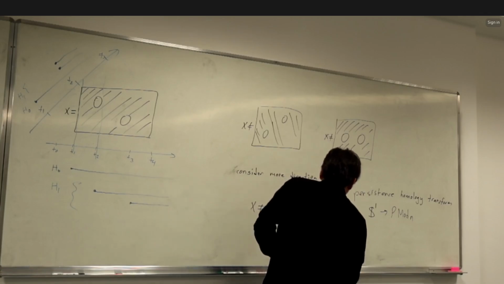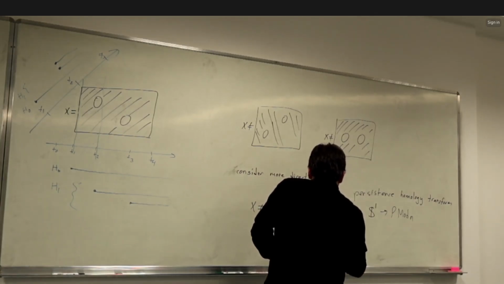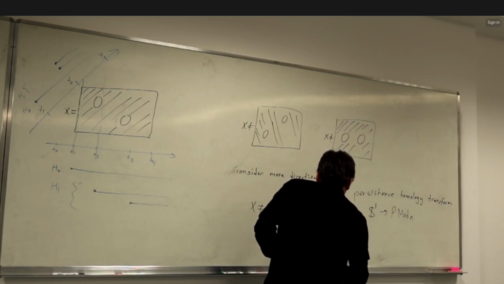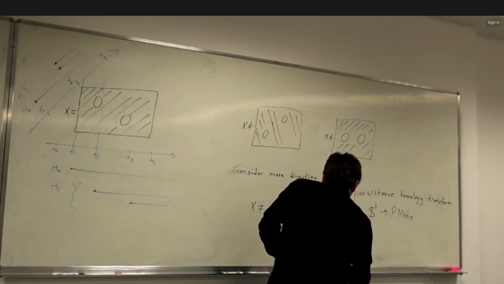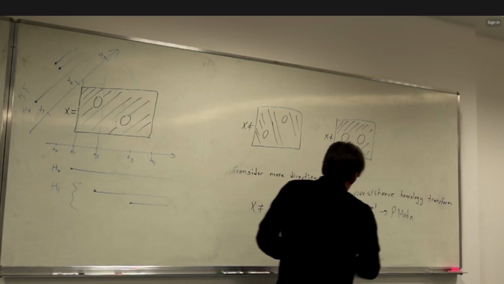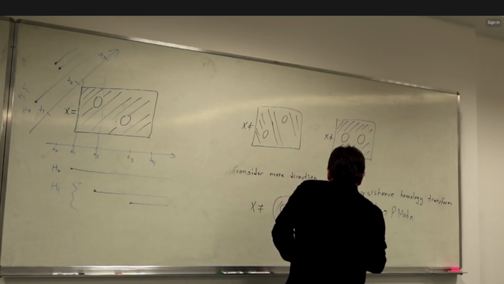Okay. And then let's say this gives you some F0, F1, and this gives you some K0, K1. Now, what you can put in the middle is, for example, their union.